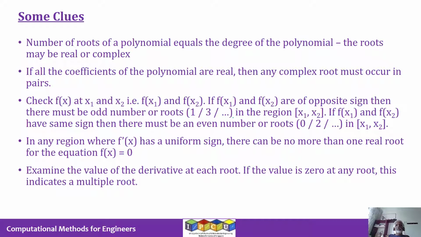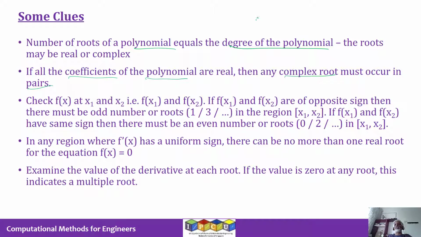For example, the number of roots of a polynomial equals the degree of the polynomial. Only thing is that the roots can be real or can be complex. All right, so that's one thing. The other clue is that if all the coefficients of a polynomial are real, then any complex root must occur in pairs. That means the complex root will occur as complex conjugates.